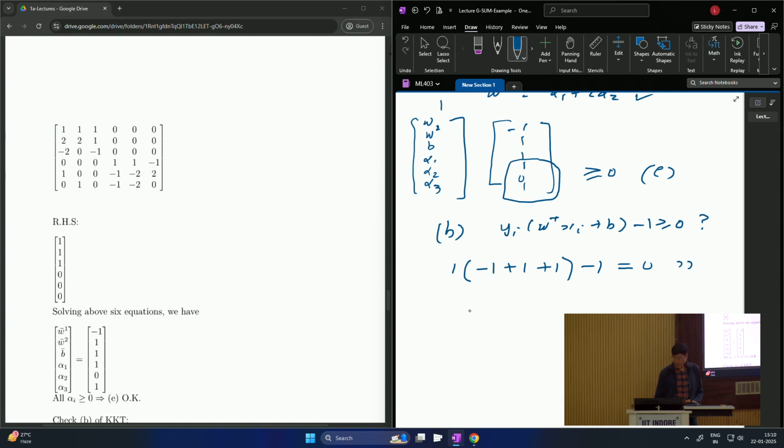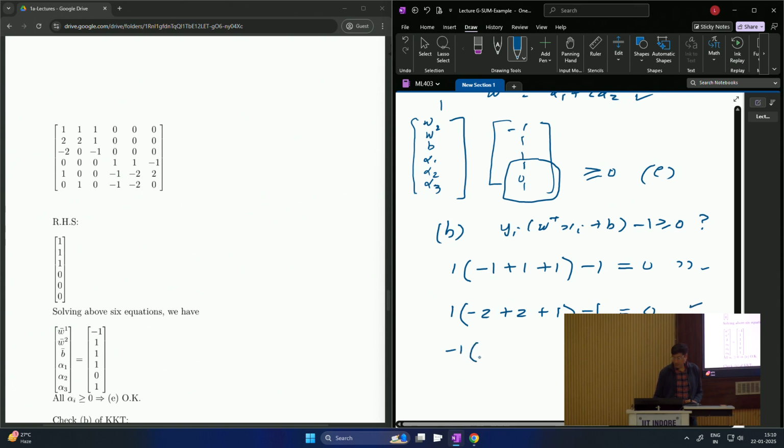The second point: y is 1, w is minus 1, 1, but x2 is 2 comma 2. So minus 2 plus 1 minus 1. This is again equal to 0. This is fine. The last one: y is minus 1, w is minus 1, 1, but x is 2 comma 0. So you put, this will be minus 2 plus 1 minus 1.